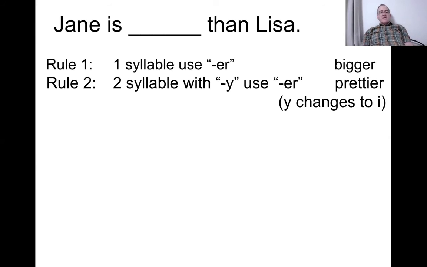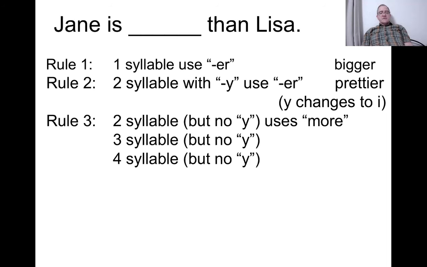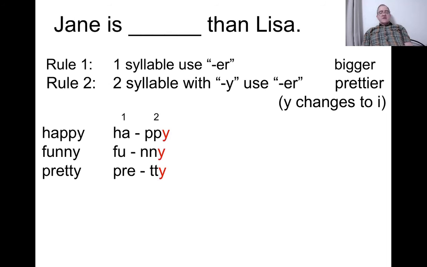Okay, so we have, for example, happy, funny, pretty. Those are two syllables, and they become happier, excuse me, funnier, prettier.